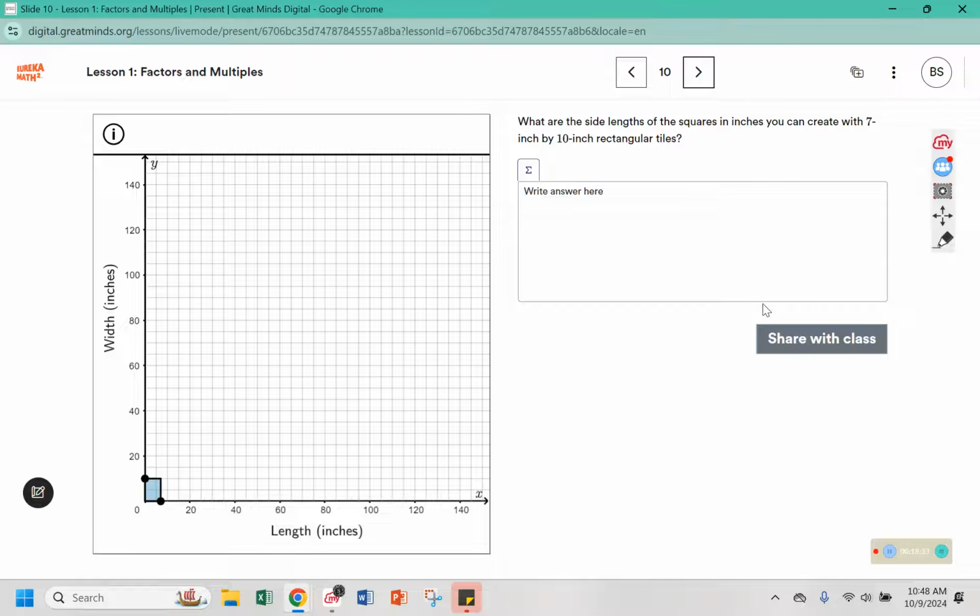What are the side lengths of the squares in inches that you can create using a 7 by 10? I need to think about my multiples of 7 and my multiples of 10.